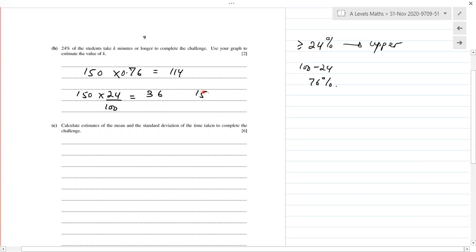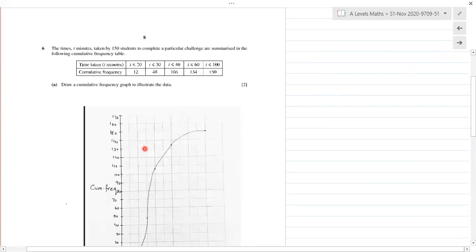And you can do 150 minus 36. That's still going to give you 114. So now 114. So we are looking on the table. It says greater than that. So 114 is going to be somewhere over here. And we go down and look at the value. What are we getting for 114?